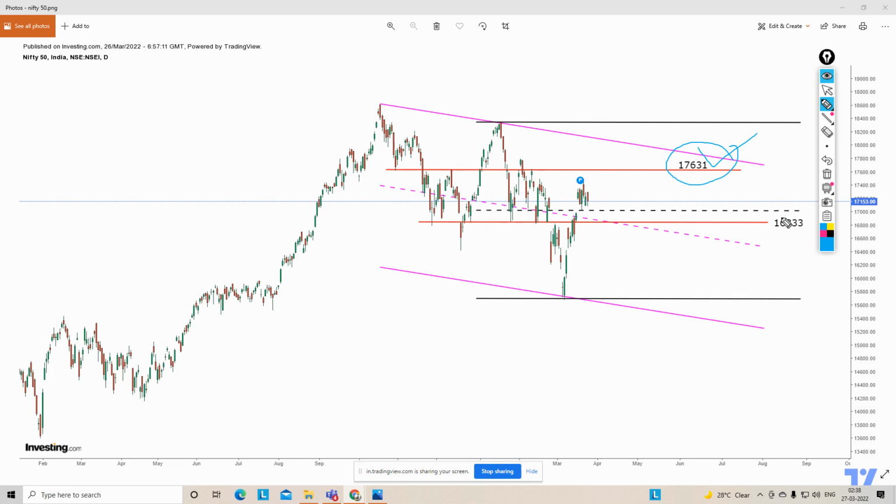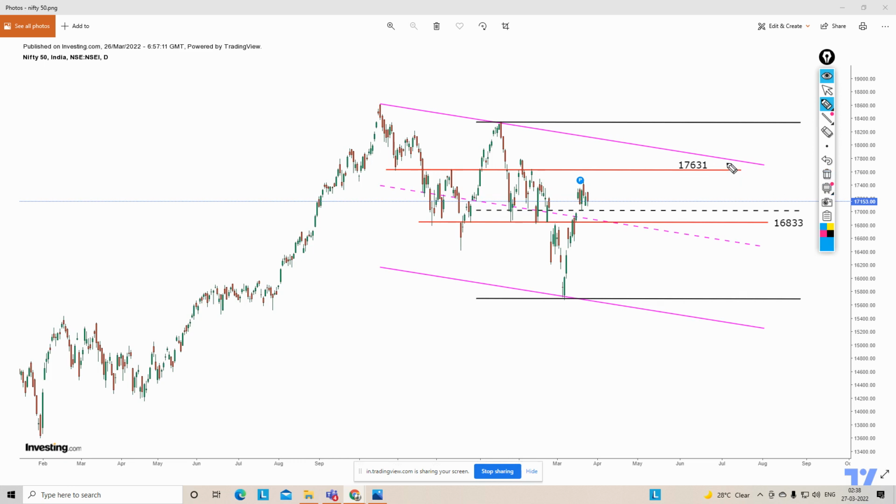And if those values are increasing and Nifty is again taking resistance, correct? I mean, close to the resistance area, which is 17,631. Because if the market is not overbought, if the IVs are low or the FII positions are low, and Nifty is closing above 17,631, we can say it is a trending market. The trend will continue.